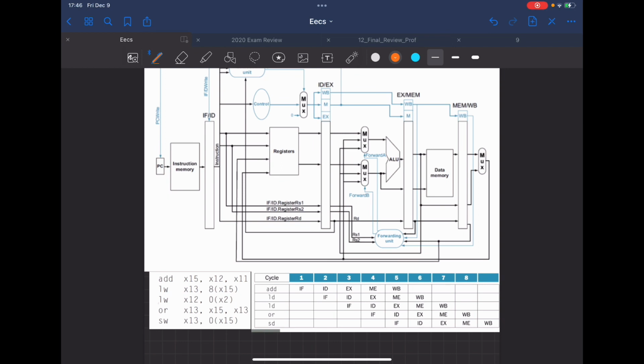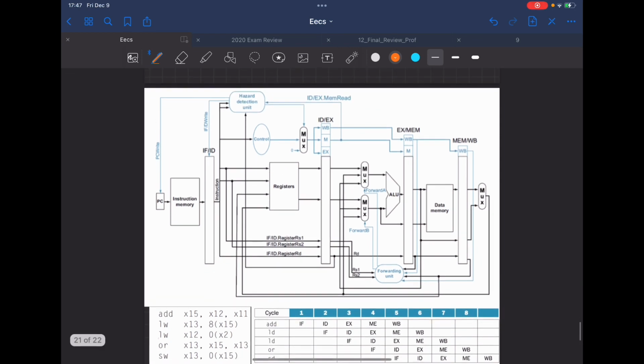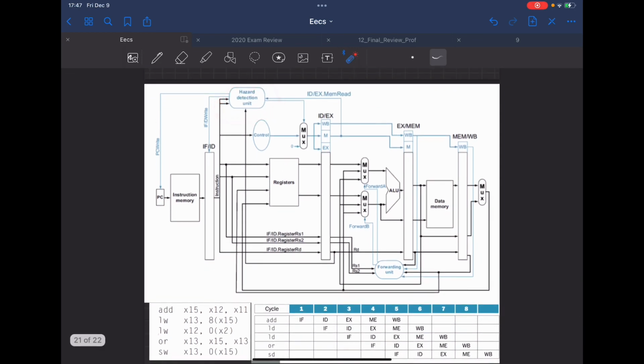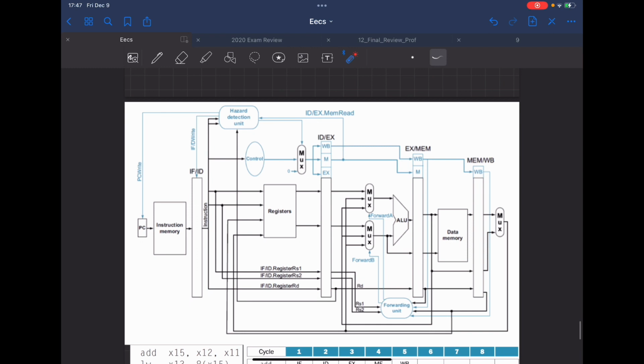Let me quickly explain the hazard detection unit though. It's important to understand. What it does is it accepts inputs from the instruction here. It also has the memread as an input, and it outputs either nops or stalls.